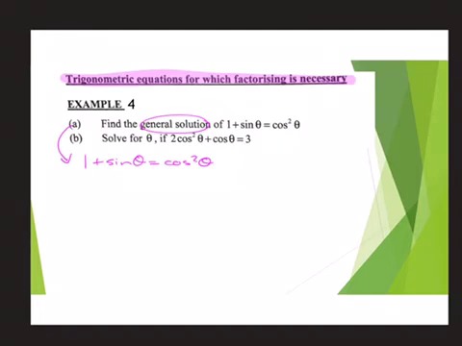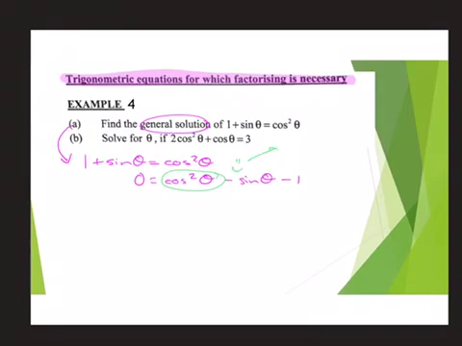It's not a traditional trinomial. We'd rather need an x squared, an x, and a 1. So let's see if we can do that. I'm going to move everything over: 0 equals cos squared theta minus sine theta minus 1. Is there a way for me to change cos squared theta into something with sines?